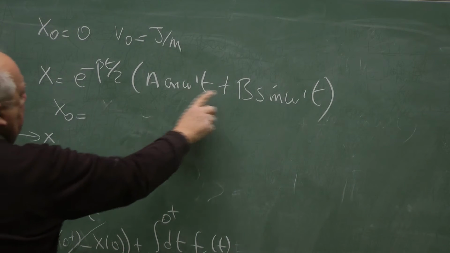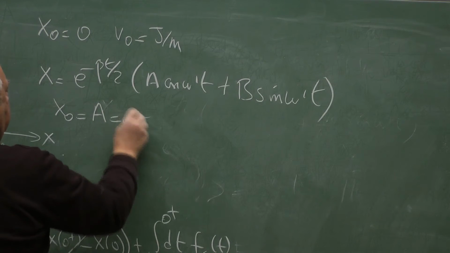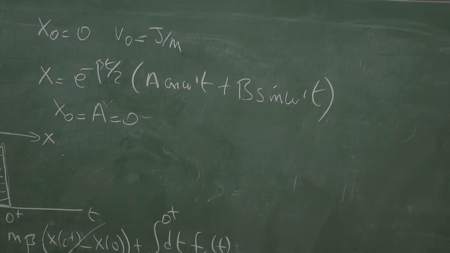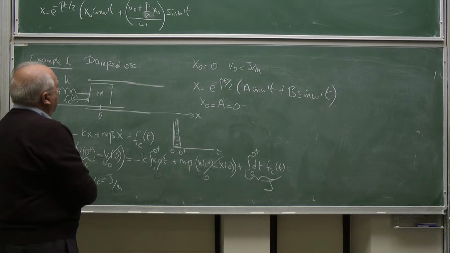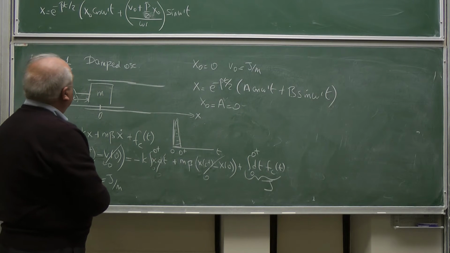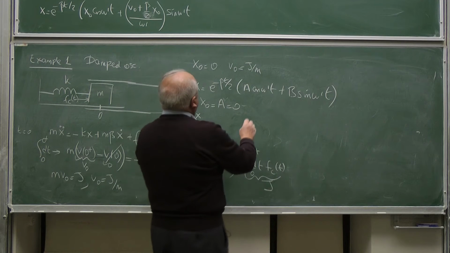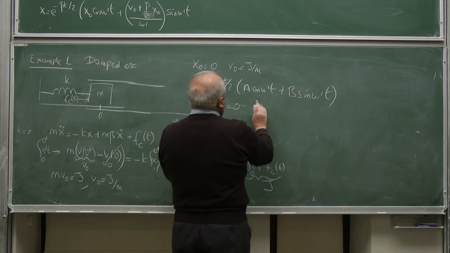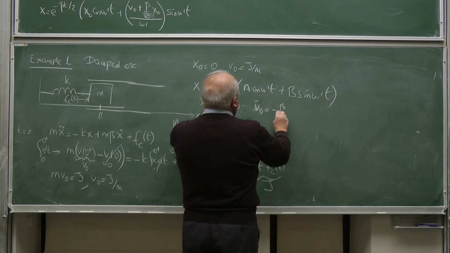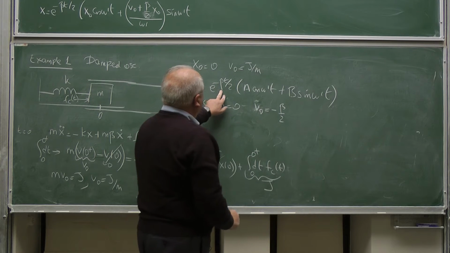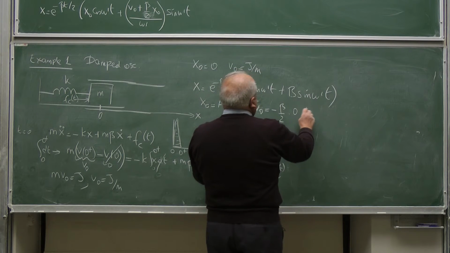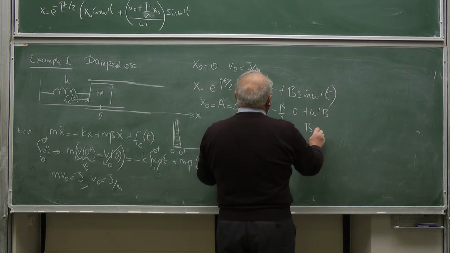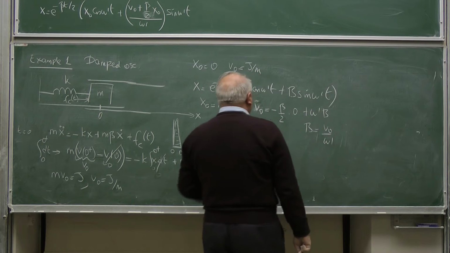This is 1, this is 1, this is 0, so a is 0, so a is knocked out. And the velocity: this is 0, a is 0, so it is multiplied by 0, and we get omega prime b. b is v0 over omega prime. So we are done.